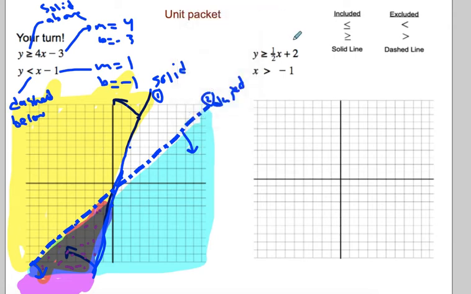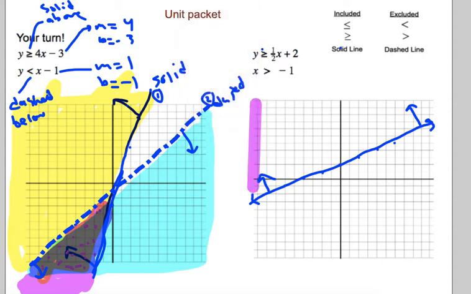All right, let's go through and do this other one. This one starts at 0, 2, and it has a slope of 1/2, so it's going up 1 over 2, or down 1, left 2. This means that it's a solid line. And we want strictly greater than, which means we are shading above. So I want to shade everything above that line.